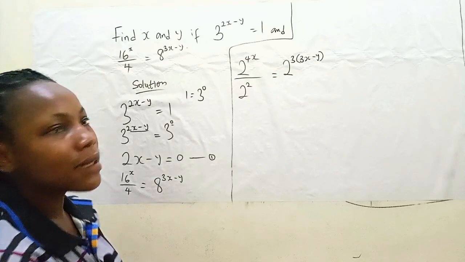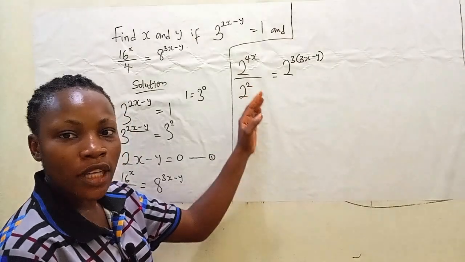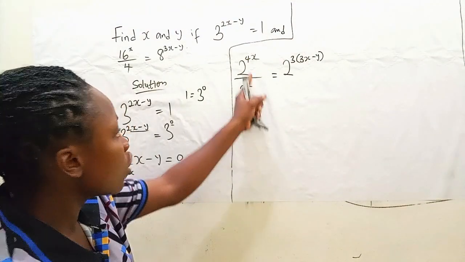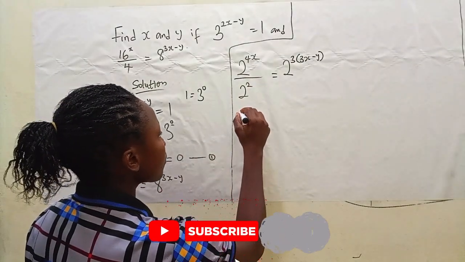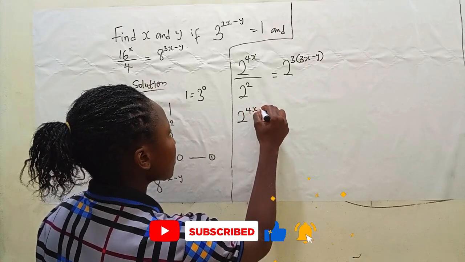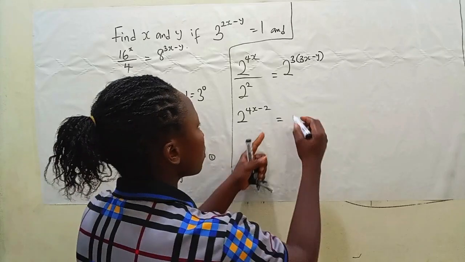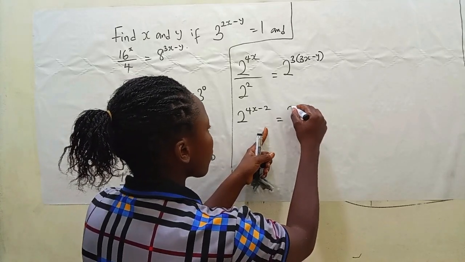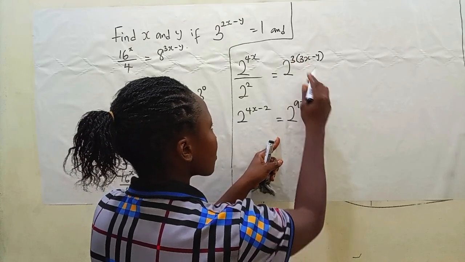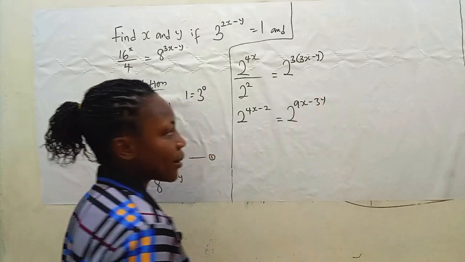Right? Now, in indices, when dividing, we are to minus the powers. So here we are going to have 4x minus 2 equals to 2, this times this is 9x, this times this is 3y.